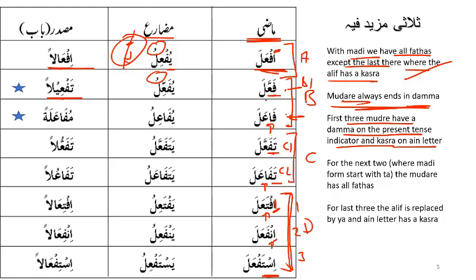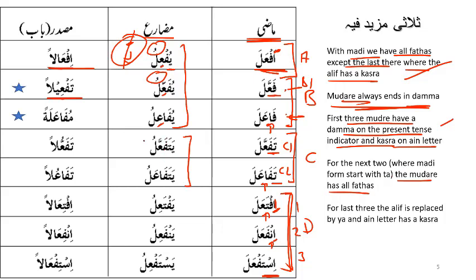So if you look at category A and B, over here, the mudare indicator, which is the ya, has a dhamma, and the ayn letter has a kasra.